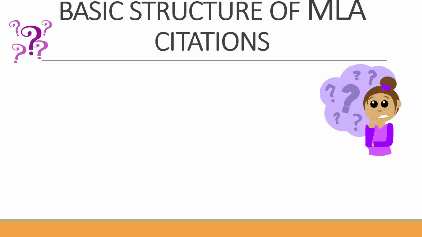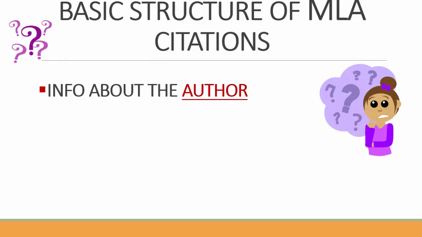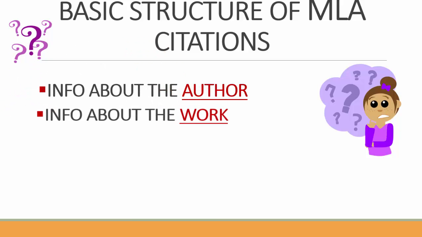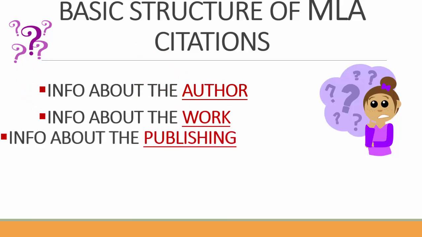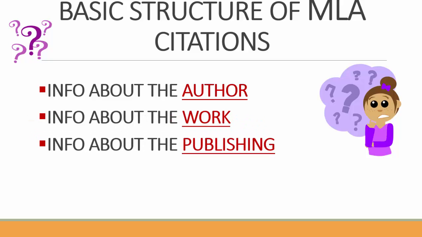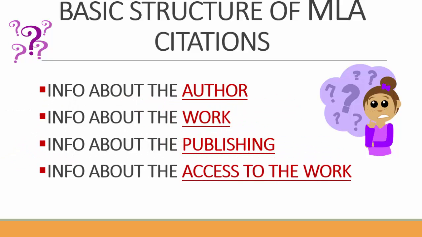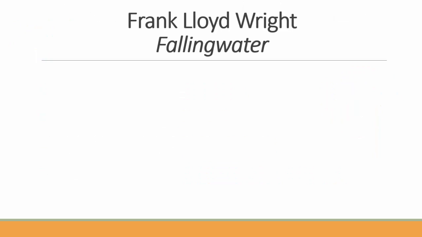If you understand the basic structure of the MLA citation, it's easier to figure out how to handle the variations. Basically, citation tells us information about the author, information about the work, information about the publishing, information about how the work was accessed.